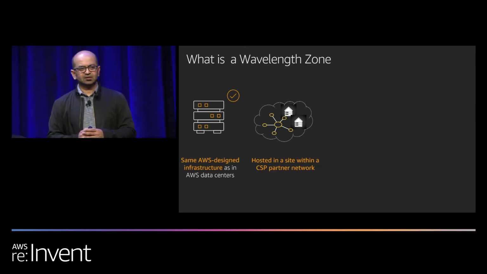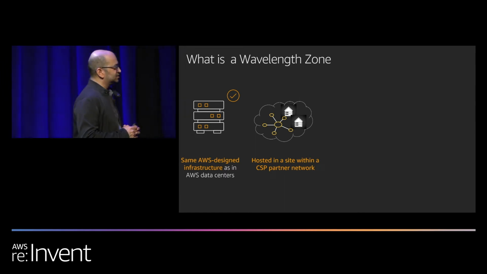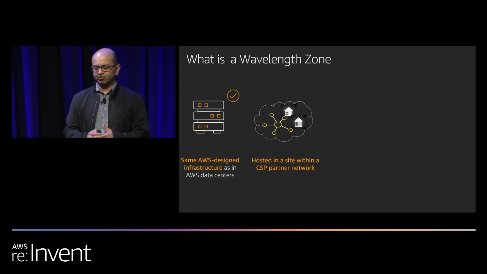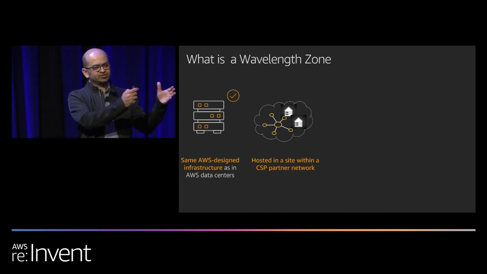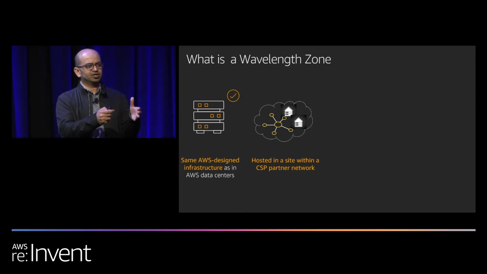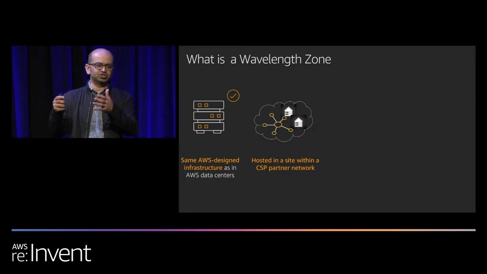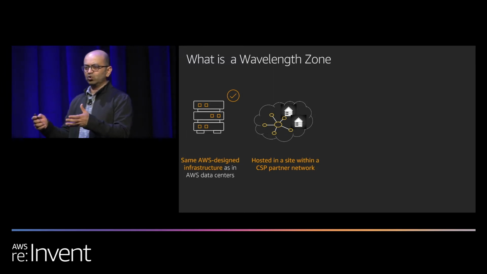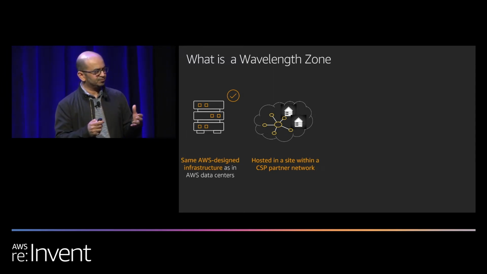Secondly, most important characteristic is the fact that they are hosted in a site within the CSP network. So if you look at a CSP network, it comprises cell towers and various traffic aggregation points. There are aggregation points at the metro aggregation level, and there are aggregation points at the regional level. And there are physical sites there which can host IT equipment.